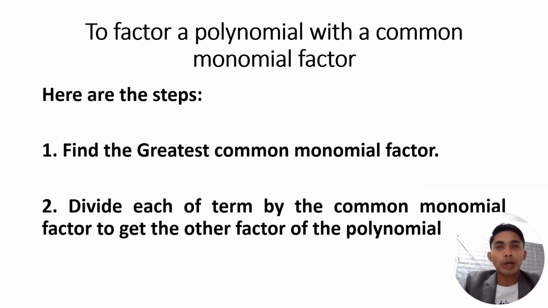To factor a polynomial with a common monomial factor, here are the steps. The first step is that we need to find the greatest common monomial factor, or the GCF.